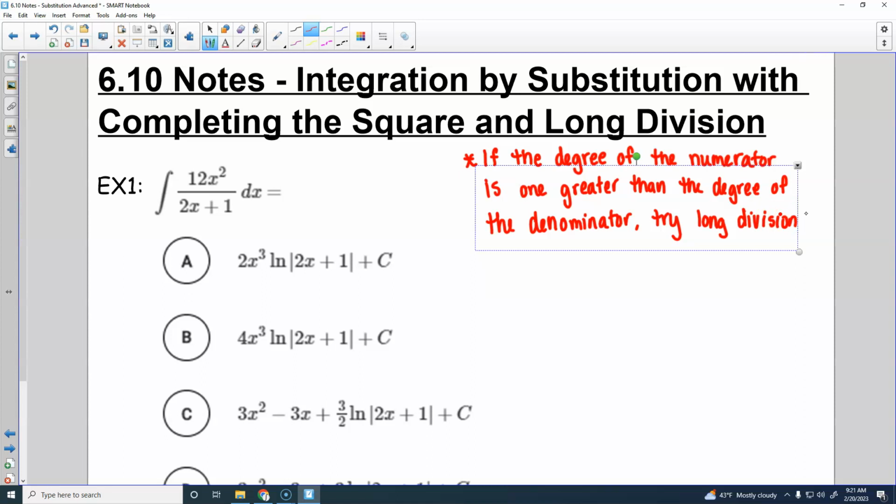So, we've got second degree in the numerator, first degree in the denominator. Coach Wood taught you long ago how to do long division of polynomials.